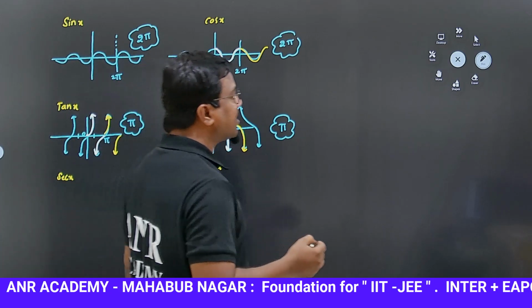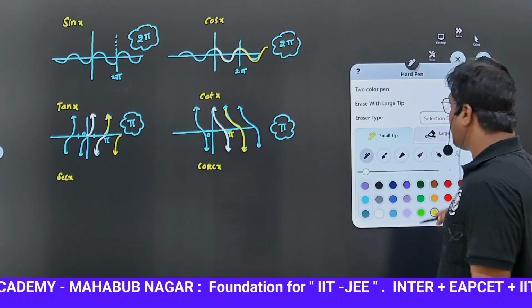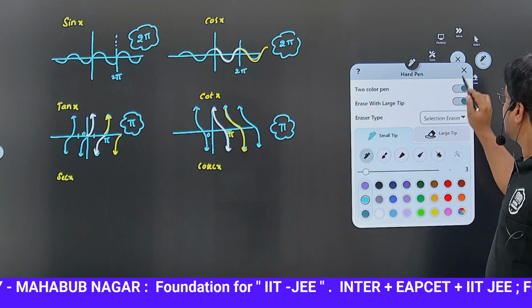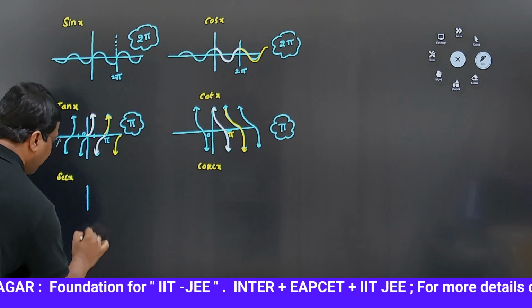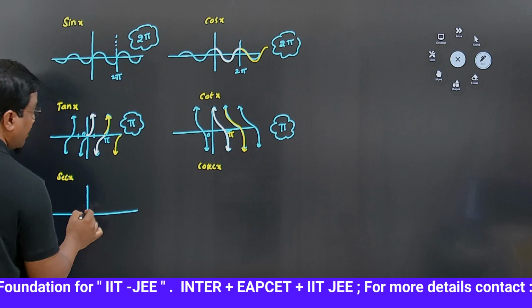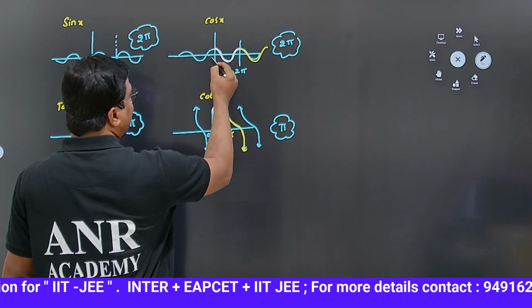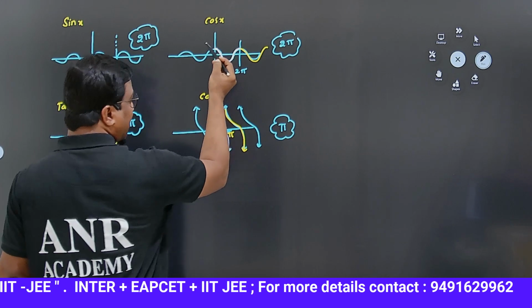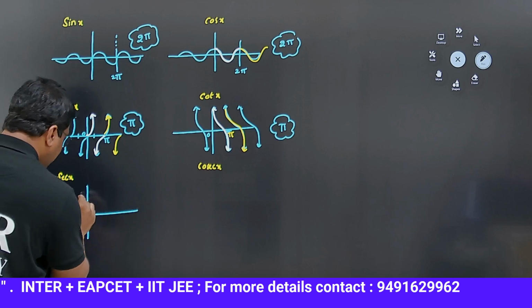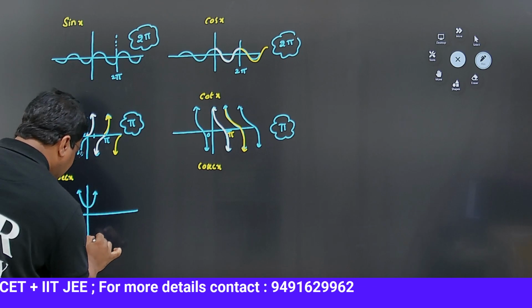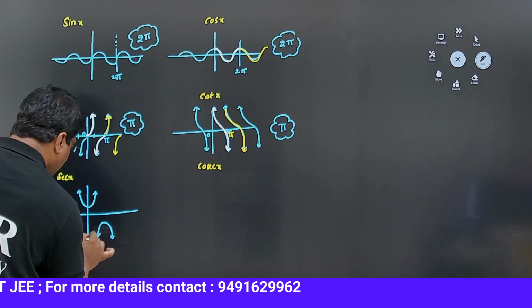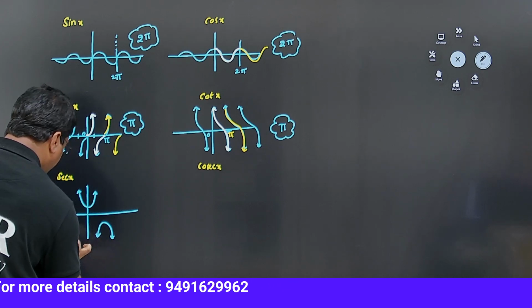Next, the secant x graph. It is the reciprocal of cos x. Whatever graph you have of cos x in the interval minus pi by 2 onwards, you have to draw the reverse of that.